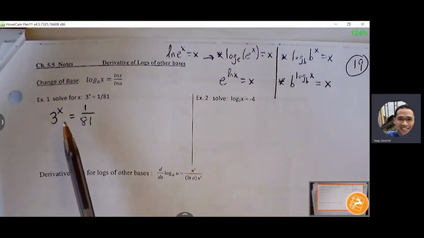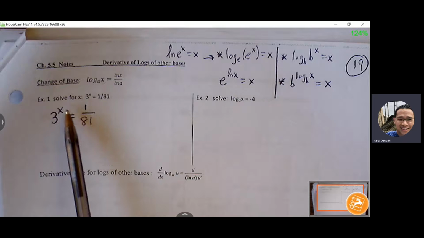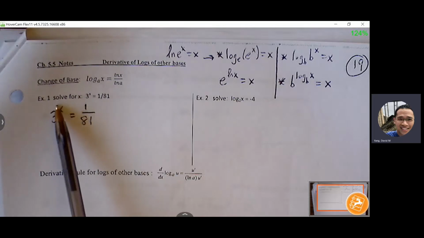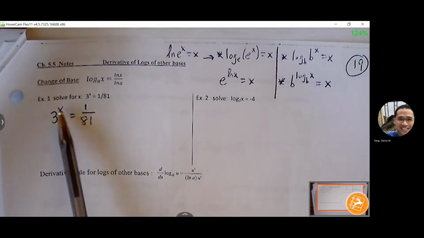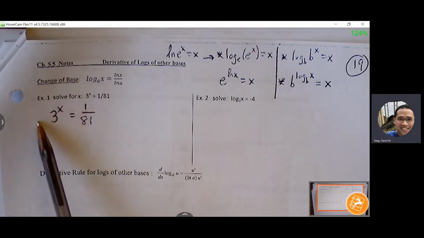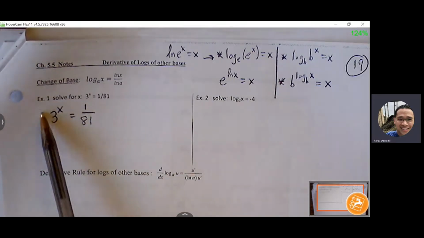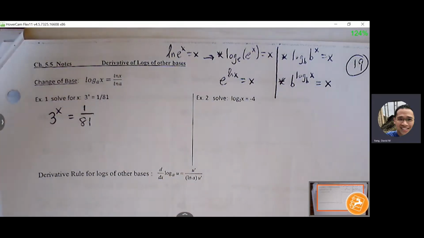Okay, so the first thing I notice is my variable that I want to solve for is stuck in the exponent spot. I want to find a way to get that exponent to come down, ideally. It's easier to work with a variable if it's not stuck in the exponent. But if I want to bring it down, I have to have logs in place, right? We have properties for logs, but right now it's not part of a log expression.